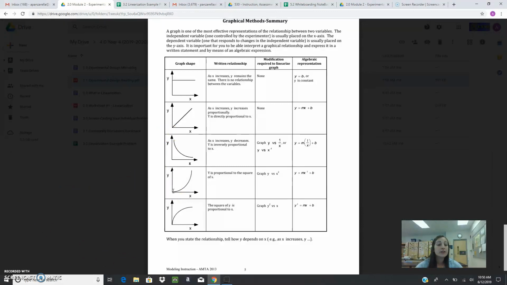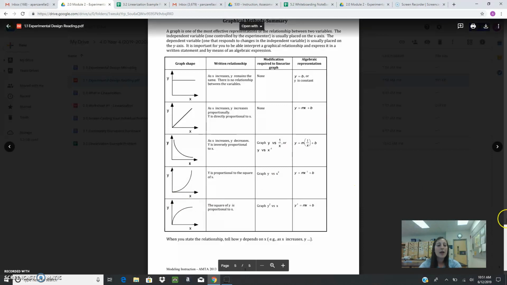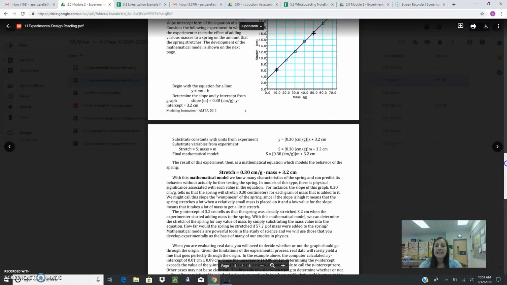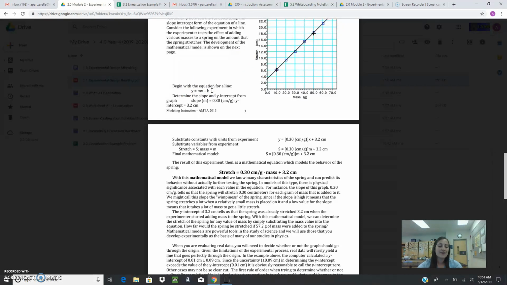You guys are very good with working with linear equations, but in order to actually apply polynomial and logarithmic equations, it gets to be a little bit more difficult in physics because you can't really see what all those parts mean. But a linear trend, so that y is equal to mx plus b, it's very easy to see what those different parts are.